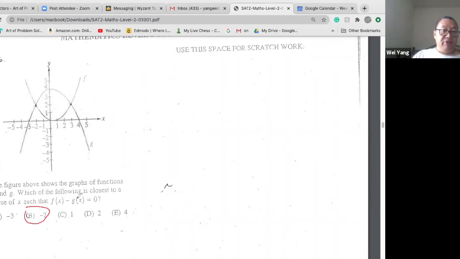Which of the following is closest to the value of x such that f(x) minus g(x) equals 0? Okay, one is -2, another is 3. Yes, you're right. This is correct.